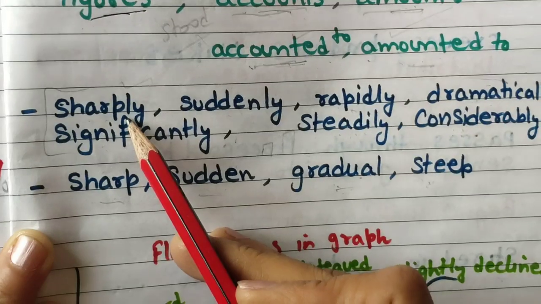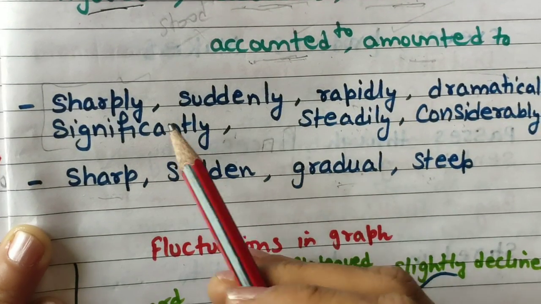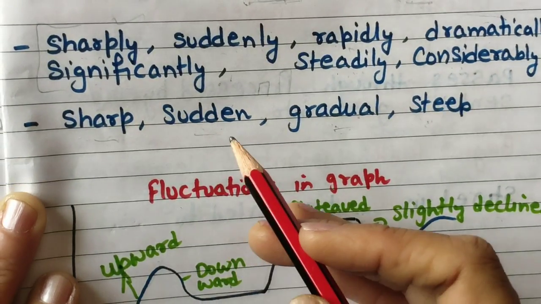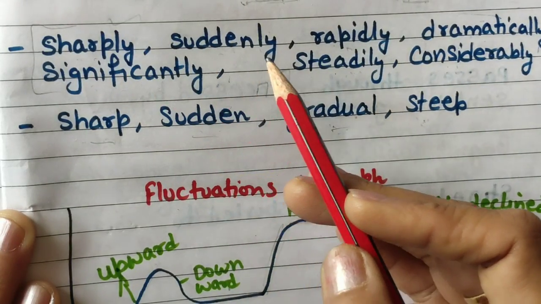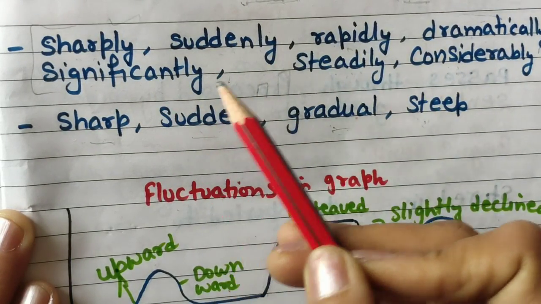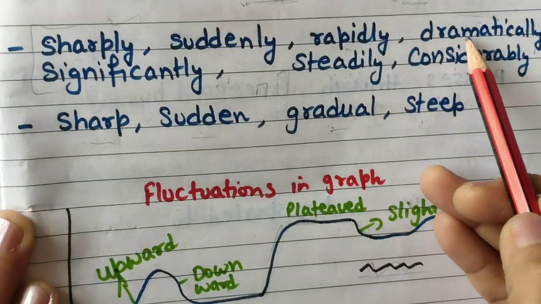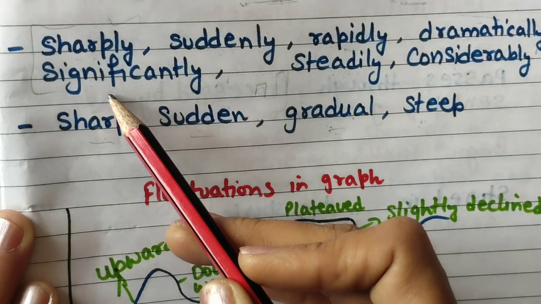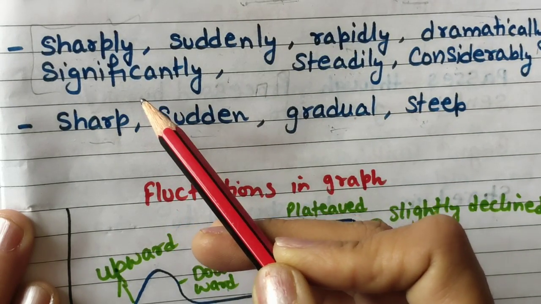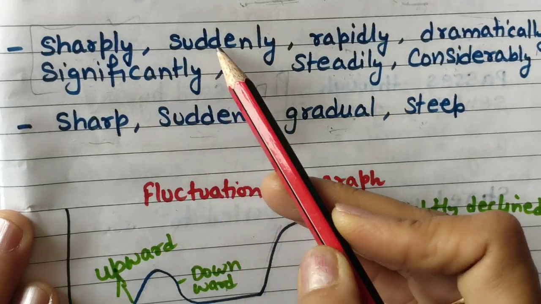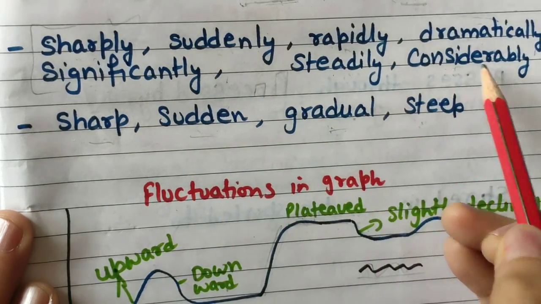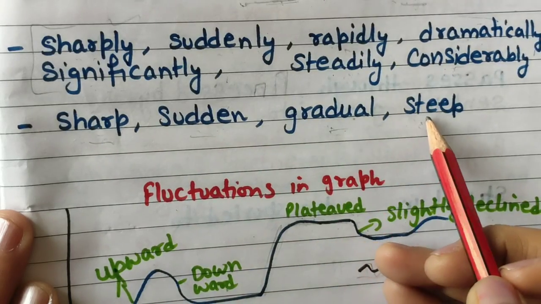So these are all adjectives. When there is a sharp increase, you can use the word sharply increase in the data, bar graph or line graph, suddenly, rapidly, dramatically. Every time we can't write significant change, significantly it grew or it increased. No, use these different words: steadily, considerably, sharp, sudden, gradual, steep.